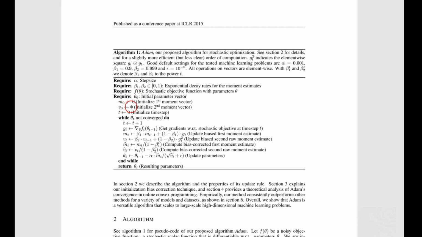And v is the variance, so the second moment. There is a third and additional moments, but all we're dealing with are these two, the first two moments. By the way, that's where the name Adam comes from, adaptive moment estimation. And then we initialize the time step to 0. So these two initial estimates are 0.